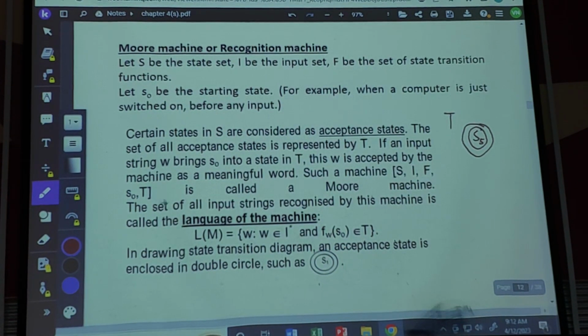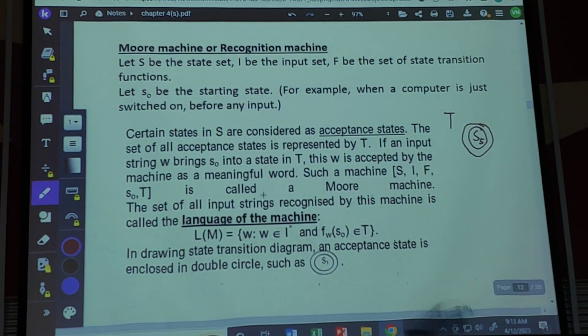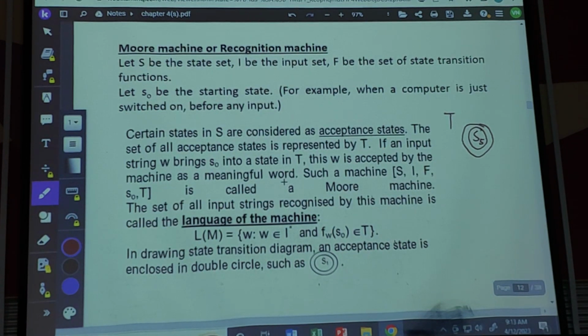You have one more now, which is the acceptance set for the Moore machine. Do you still remember I said chapter 2 had a relation with chapter 4? The language of the grammar is actually related to the language of the machine. The concept is the same: you have to get until the terminal symbol.